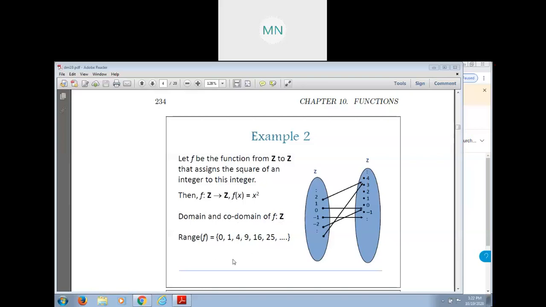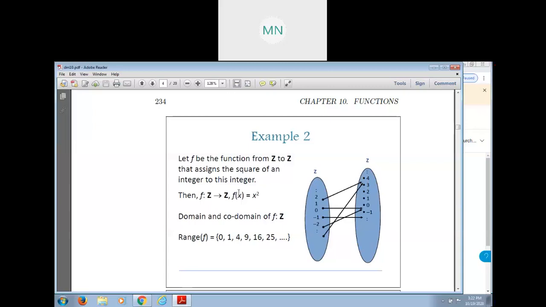Range is the collection of those elements which are related with the first set. Suppose we consider 2, then it will be 4. When we consider x equals 1, it gives the value 1. So the range will be 0, 1, 4, 9, 16, 25 and so on, because the function is defined as f of x equals x square.